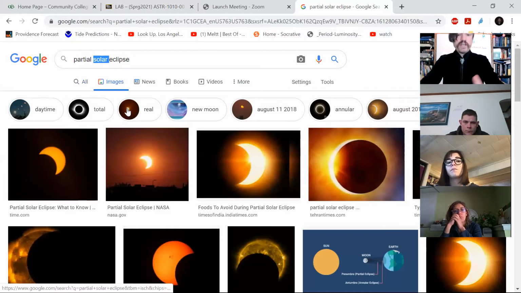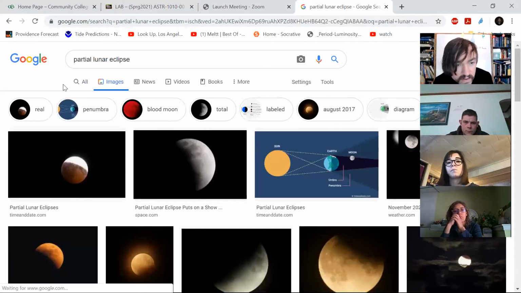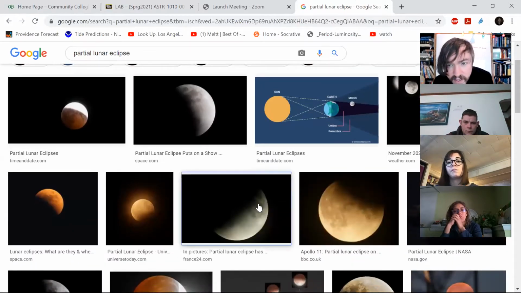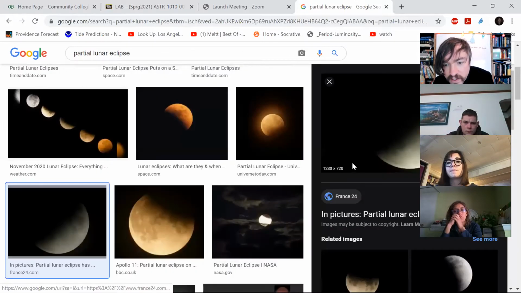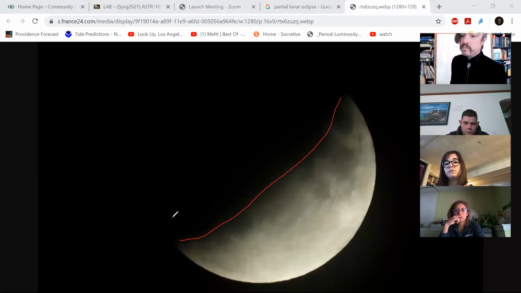Apologies. Here's a picture of a partial solar eclipse. And one of the things Aristotle writes is, look, you can see the shadow of Earth passing across the moon, and you can see that it's curved. That in itself is proof that Earth must be a sphere.